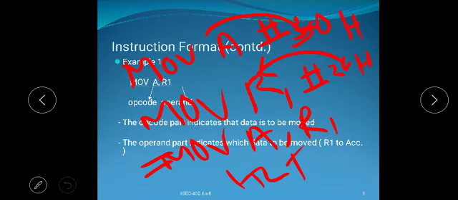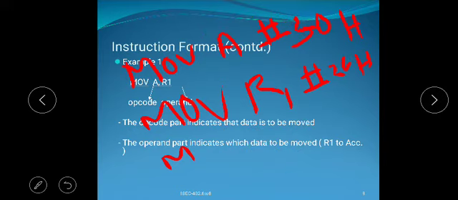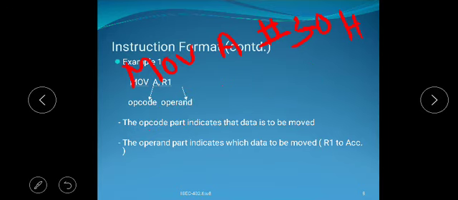Here students have to remember one thing: we are using only the MOV instruction. We are not performing any arithmetic or logic operation. This is a data transfer operation. Later we will discuss arithmetical operations, logical operations, boolean operations, and conditional operations.